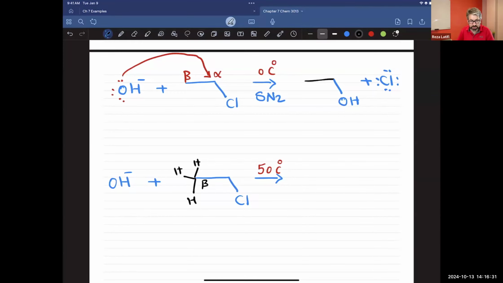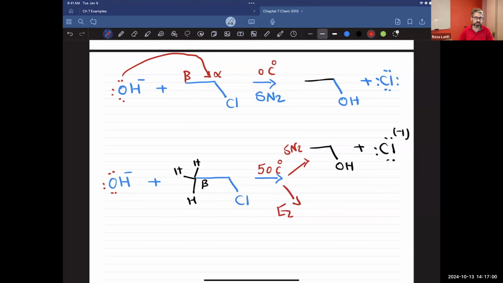So if you increase the temperature, you might get the same product as the first reaction. This is going to be your first product maybe. So you get alcohol plus the chloride. Also, you might get this. So this one will be the SN2 reaction, and you might get E2, an elimination reaction.